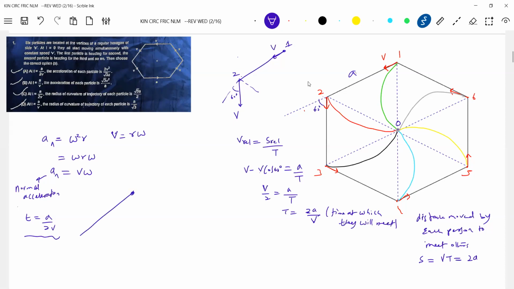For our convenient purpose, let me proceed like this. This will be v. Initial separation was a, at t equal to 0. Finally, what happened? The separation has become something. Okay, we don't know that. I'll call that some s.